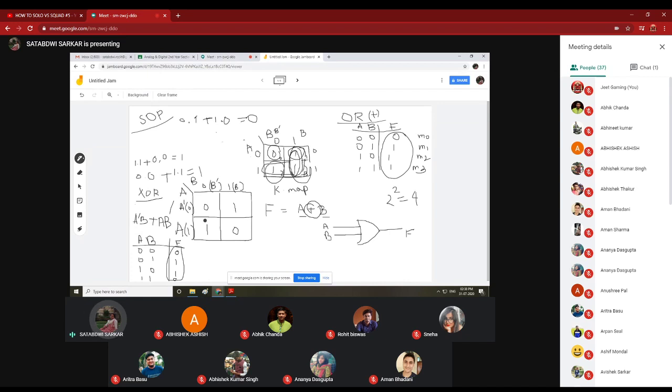So from this cell the value is a b bar. From here it is a, and from here it is b bar. Actually row wise these two cells have the value a, and column wise these two cells have the value b bar.